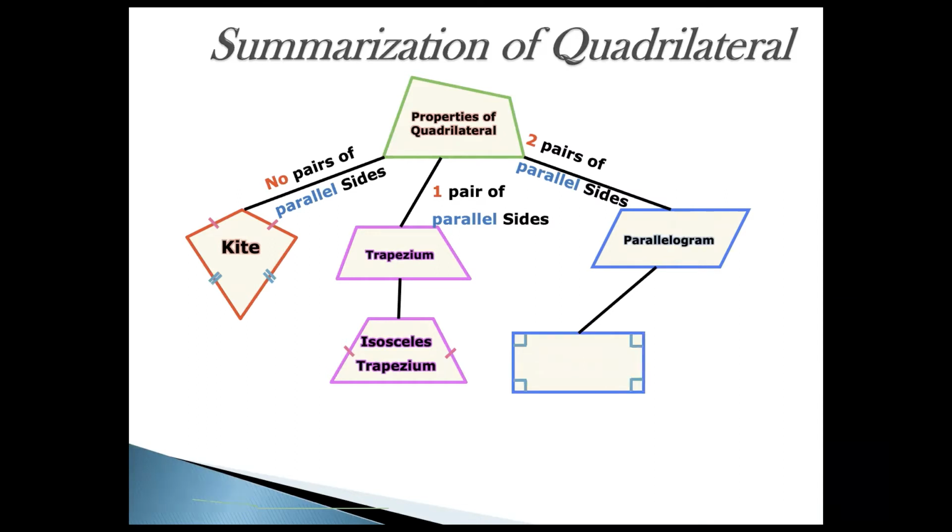Okay, now the properties of the parallelogram. It has each two opposite sides parallel and equal. Each two opposite angles are equal. Each two adjacent or consecutive angles are supplementary.